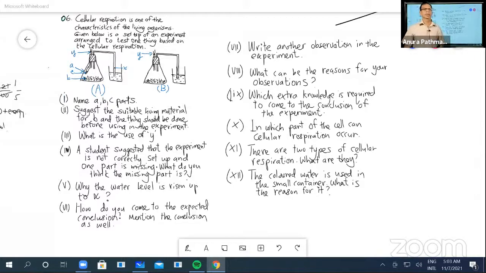Wow, there are many participants here. Nipun, finish your writing? No, sir. Not yet.